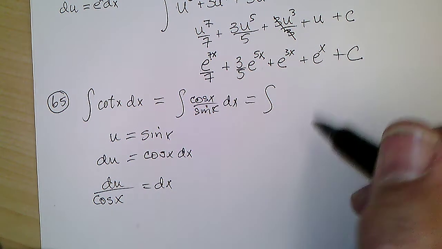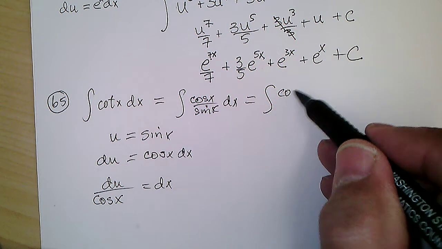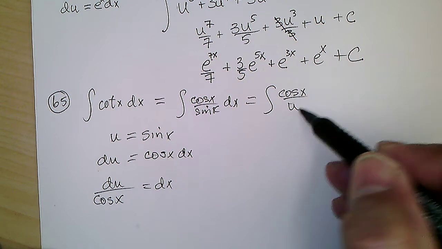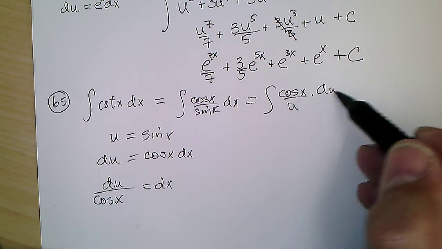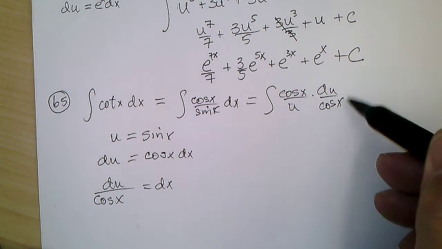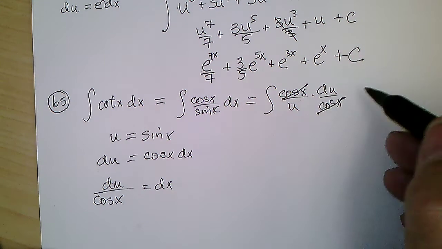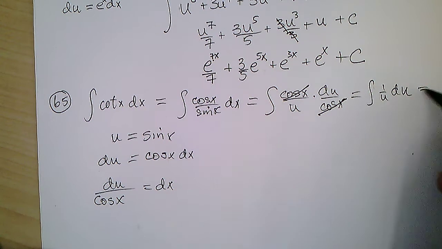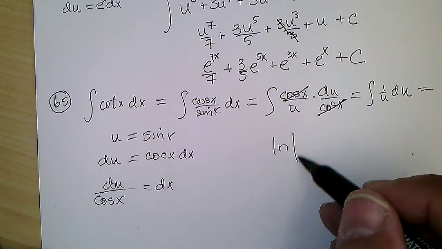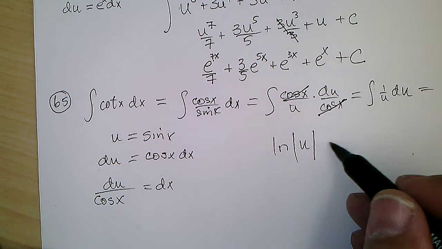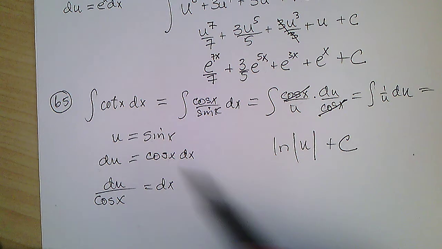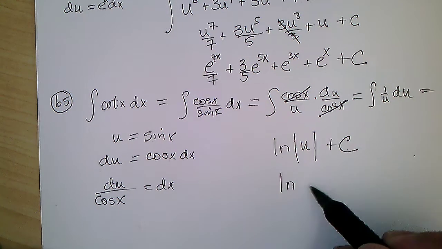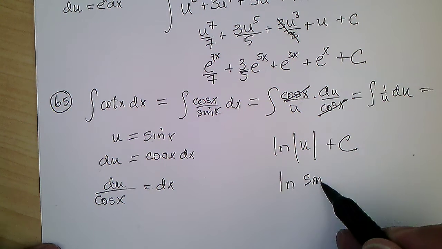This will become the integral of cosine x over u times du over cosine x. And so we have the integral of 1 over u du, which is ln absolute value of u plus c. But u was the sine x, so it's ln of sine x.